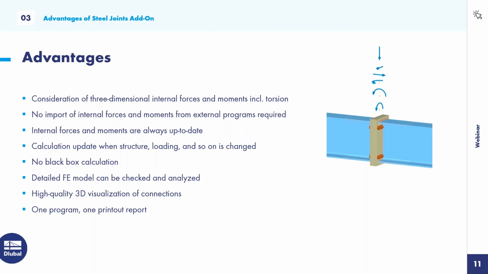Sometimes a little bit higher, sometimes a little bit lower. But in practice, you usually have got three-dimensional internal forces, and then it's necessary to use the add-on steel joints when you use RFEM 6.